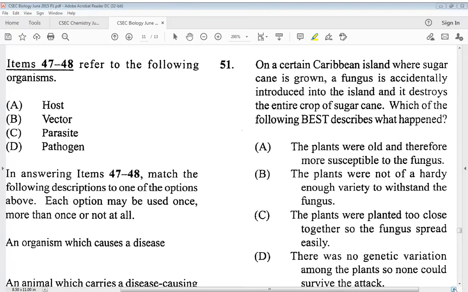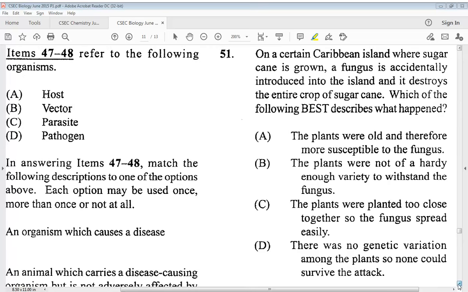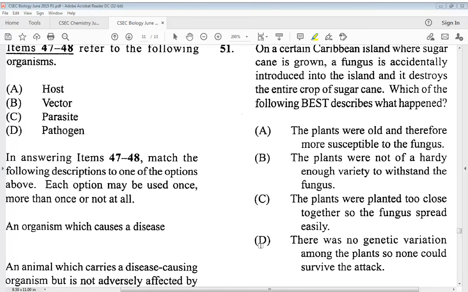Which of the following best describes what happened? So the answer for 51 would be D. There was no genetic variation among the plants, so none could survive the attack.